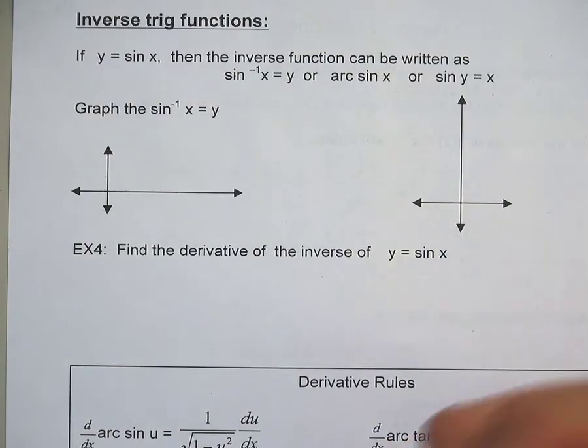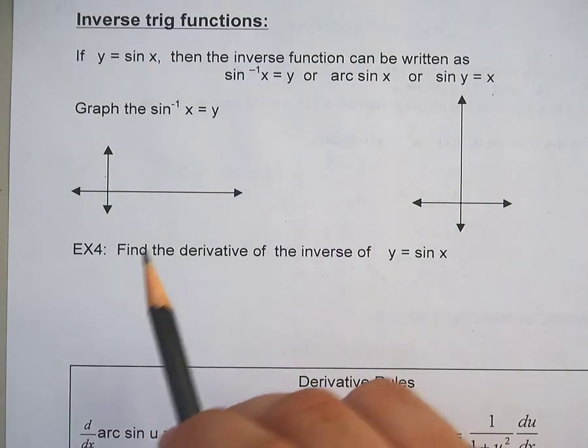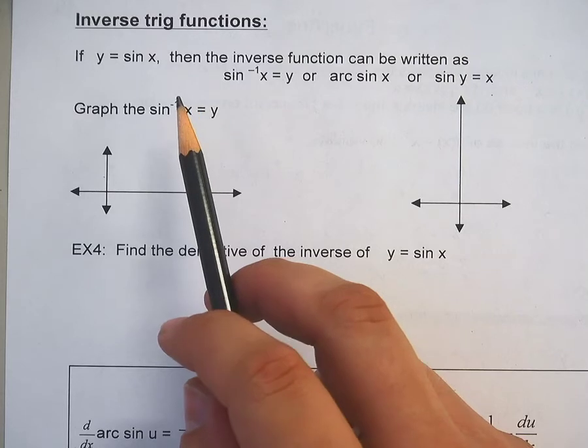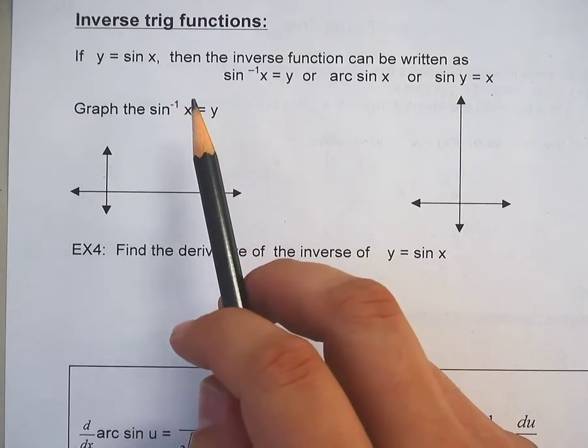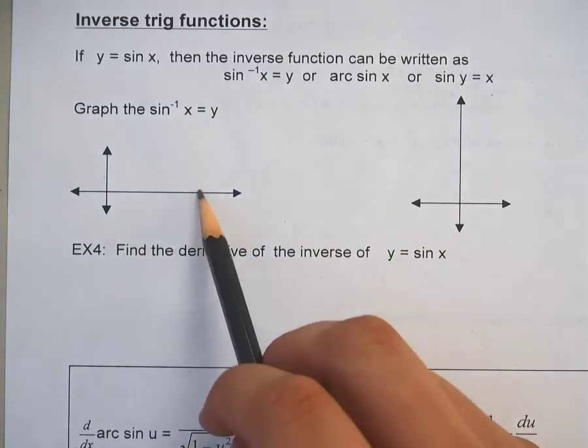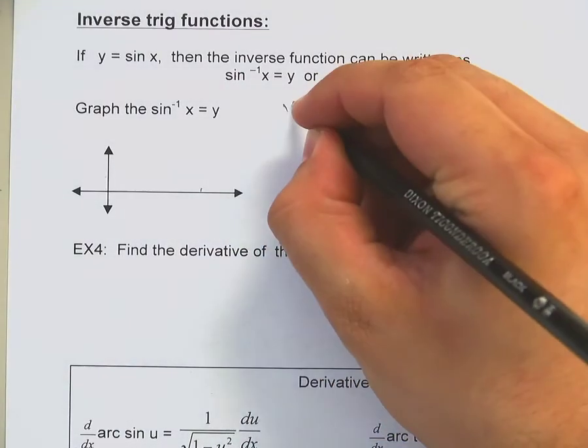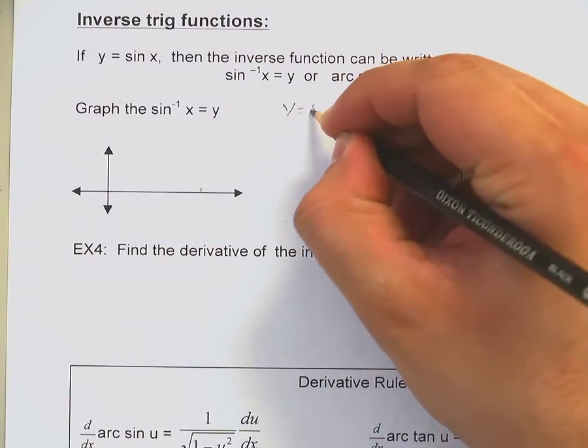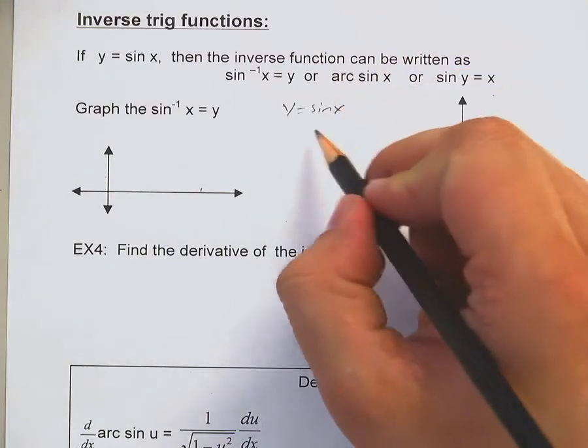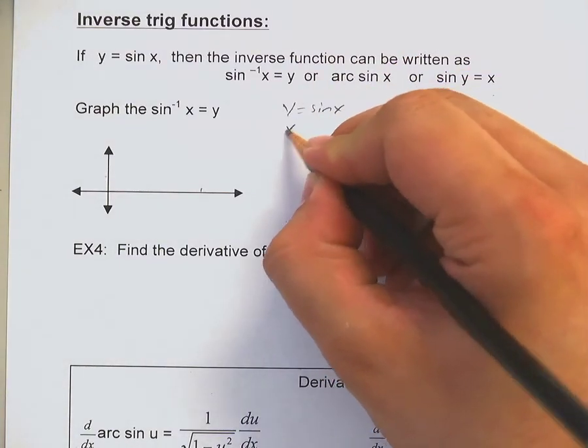So I want to graph this for you really quickly. First, it says graph the inverse sine of x equals y. Over here, I'm going to come up with y equals sine of x, and you've got your x value and your y value.